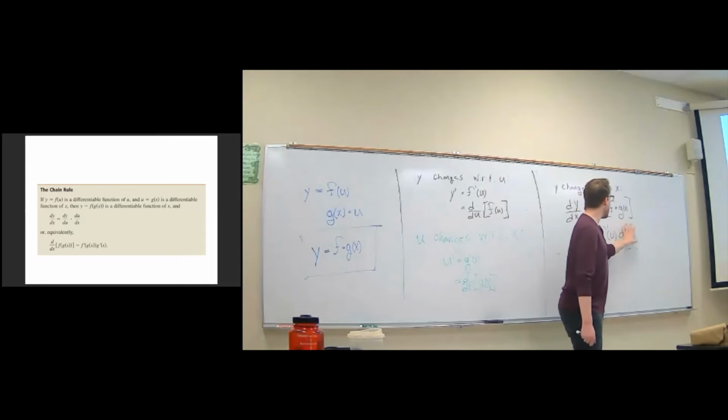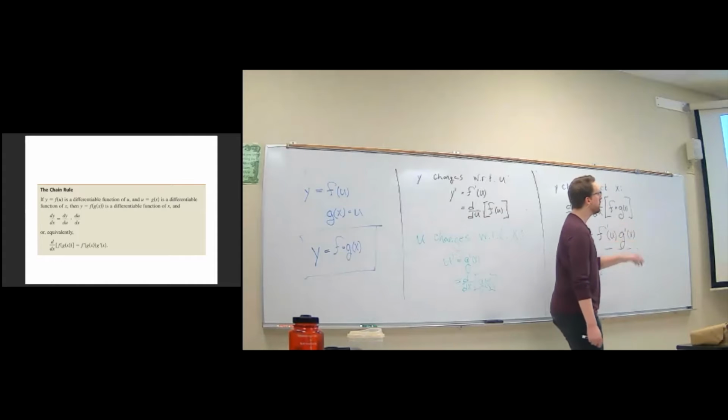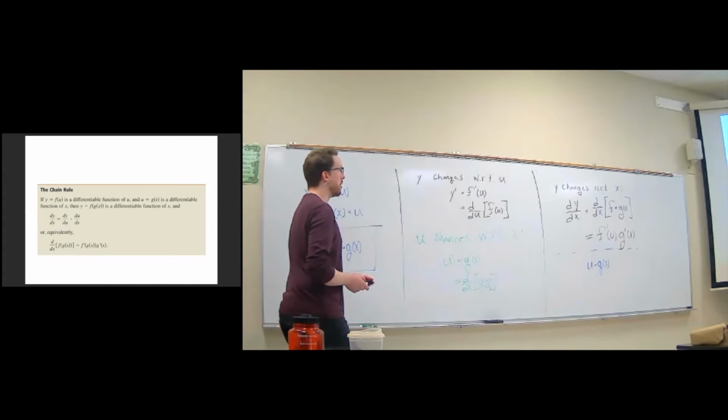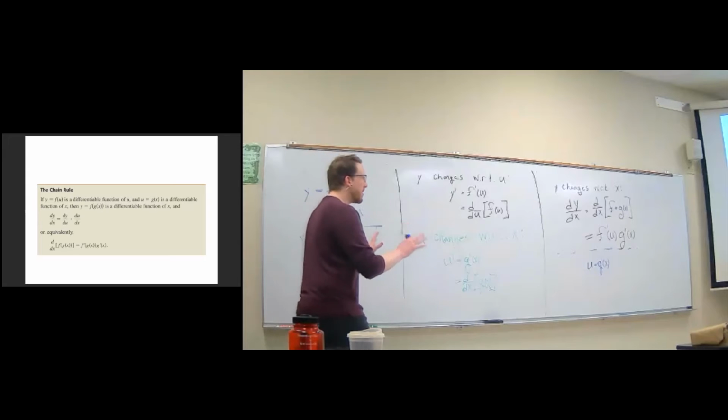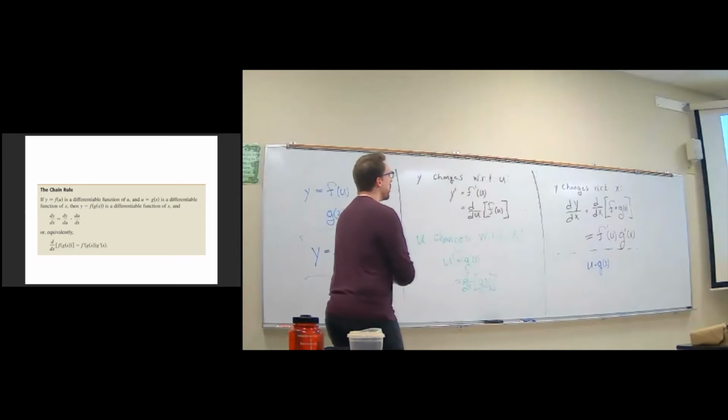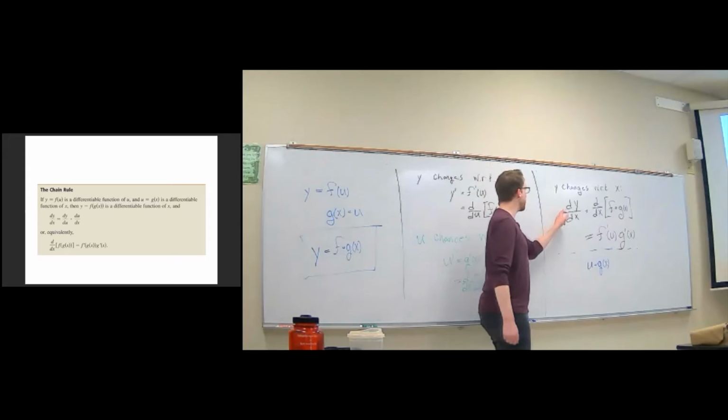Then you multiply that by the derivative of the inside. Cool? So this is essentially what the chain rule tells us. It tells us how the change in y relates to the change in x.